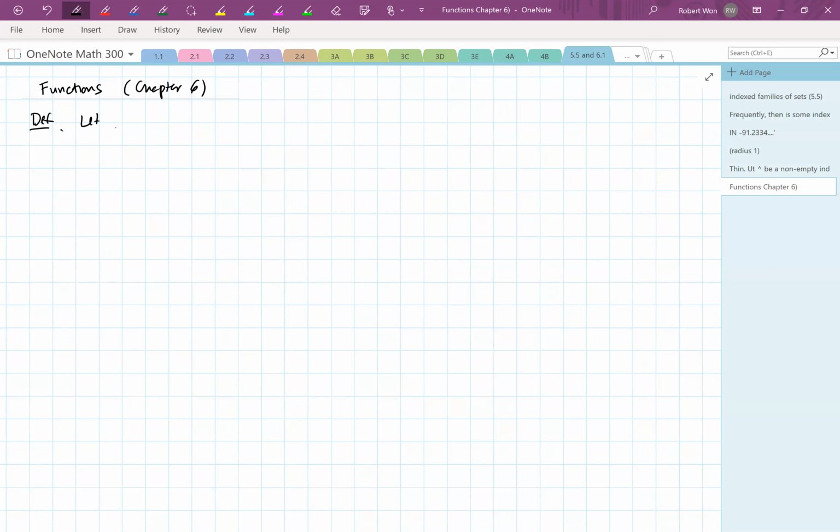Here's the definition. Let A and B be sets. We need to start with some sets.